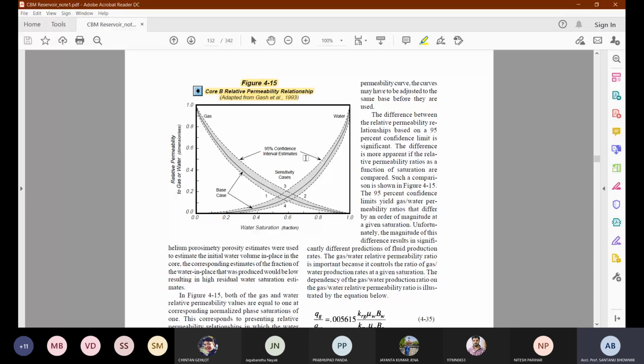If you see the normal distribution and how hypotheses in statistics are calculated, you know that with the 95% confidence interval, both plus and minus, you will get these two dotted lines for water. Similarly, for gas with the 95% confidence interval, you will again get the plus and minus lines. So you will be getting a zone.